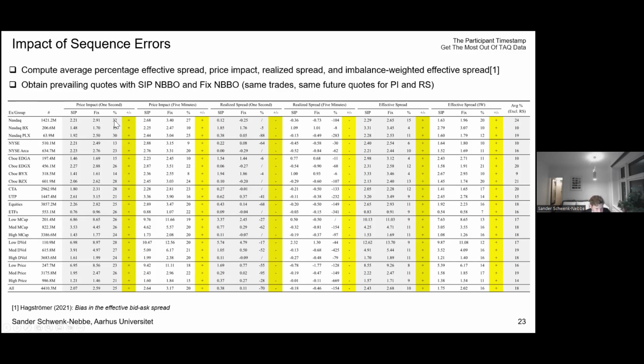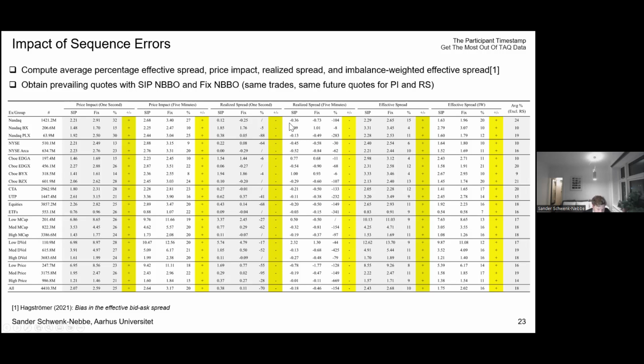And what we see is that there is a very clear bias. In all groups, across all exchanges and groups, the price impact when we obtain it with fix NBBO is larger than that we obtain with SIP NBBO. And that is true for both the price impact at 1 second and at 5 minutes.